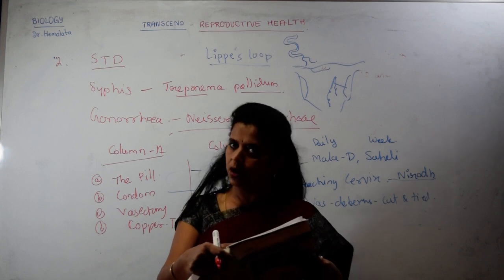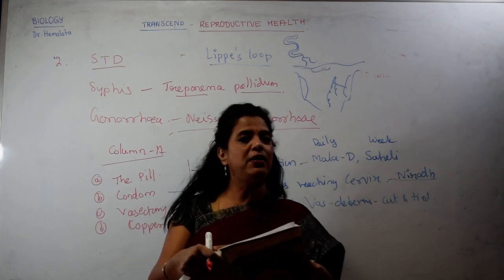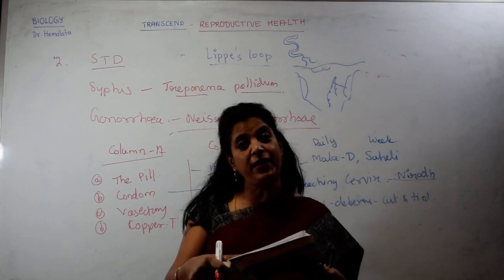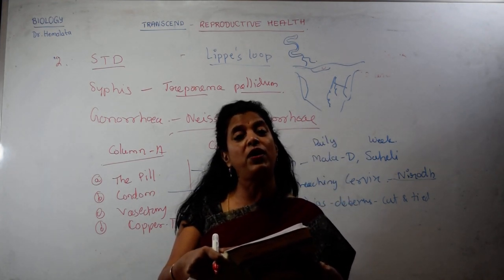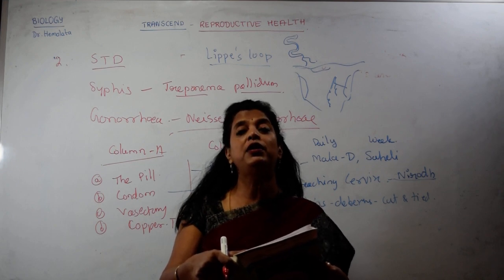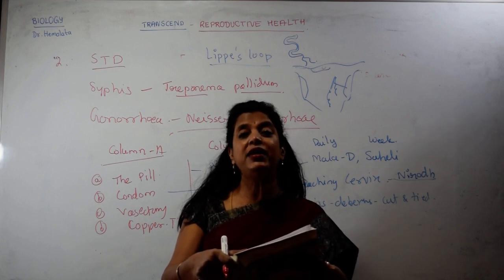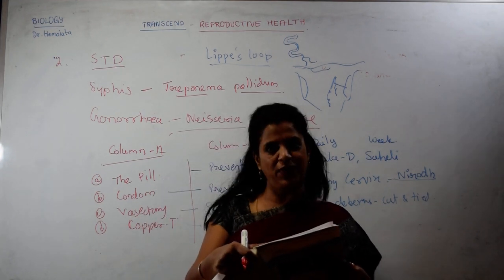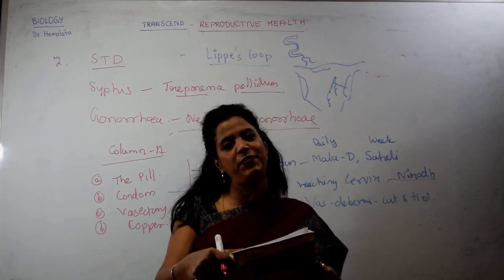Earlier vaccines were produced, but not through recombinant DNA technology. Therefore, hepatitis B viral vaccines were the first genetically modified second generation vaccines produced by recombinant DNA technology. Therefore, all the three statements are right.